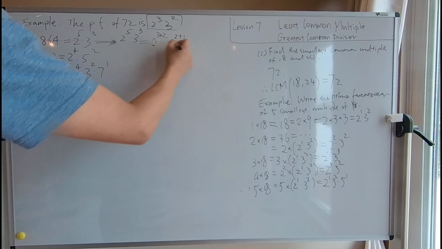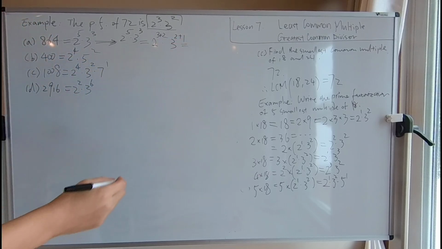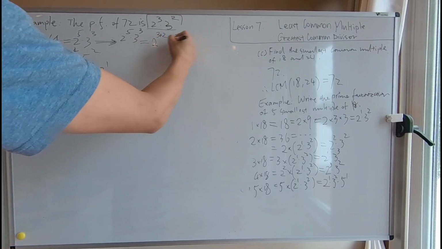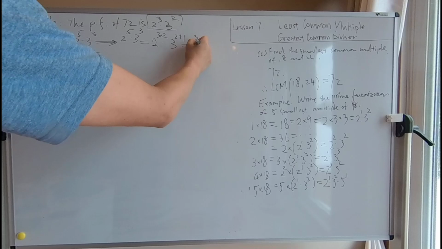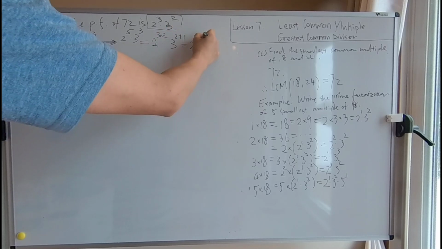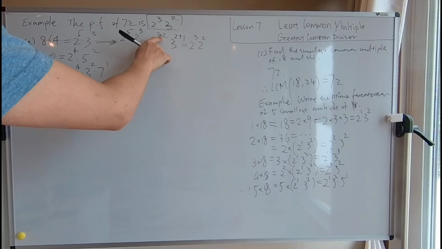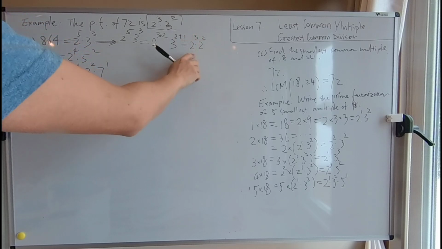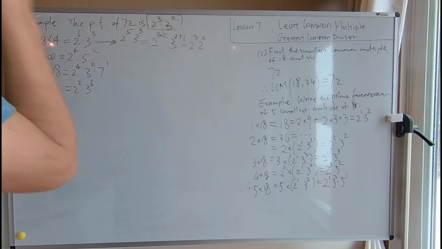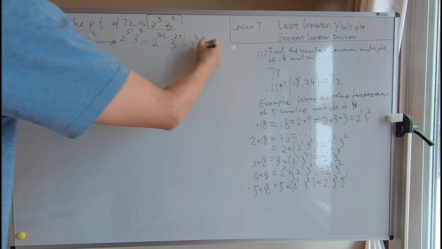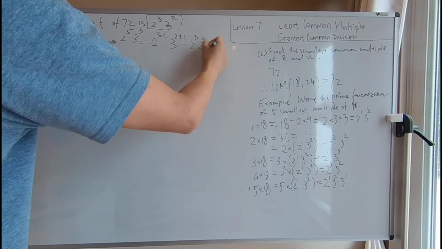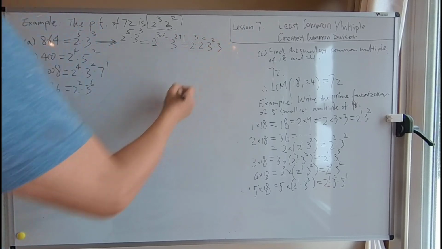And this, by the property of exponents, equals 2 cubed times 2 squared. This is converting the addition in the exponent into multiplication of the same base number. And then this is also 3 squared times the number 3.